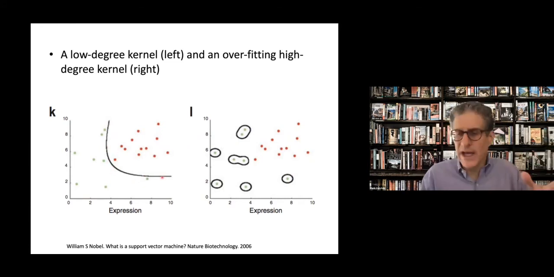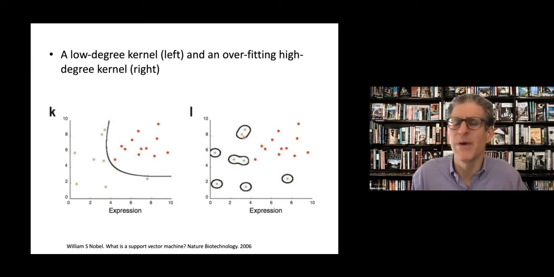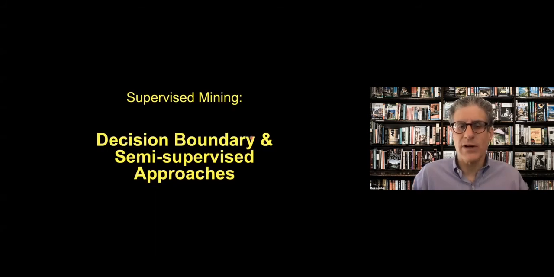As the F function or the kernel becomes more complicated, you will be making an increasingly more complicated decision boundary. Up to the point where you're essentially memorizing the position of the initial data points. And when you do that, of course, you're overfitting. That's why it's very important, particularly with these complicated kernels, to do this in a cross-validated framework.